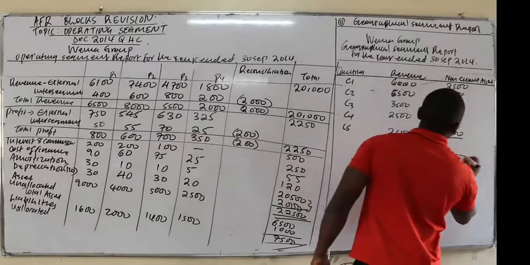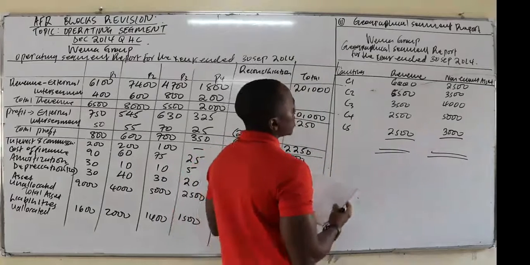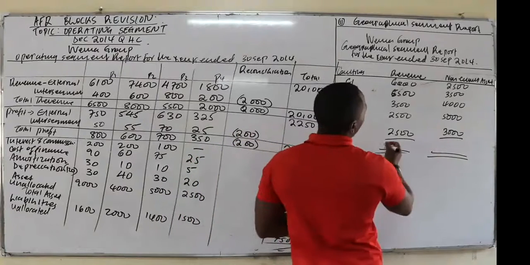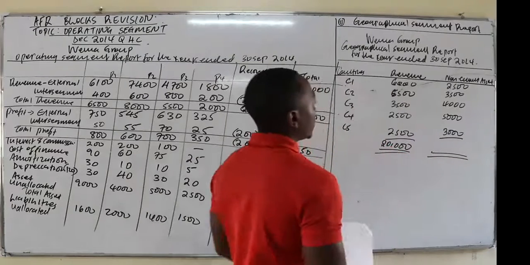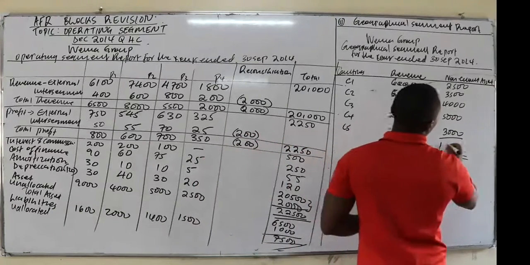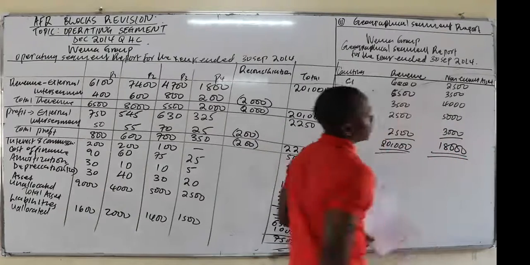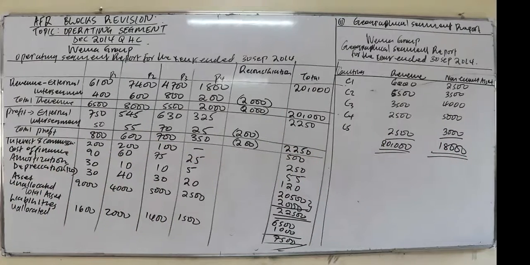Then you can add the total. So how much is the total? That one should be 20,000. Non-current assets, 6, 10, 15, 18. Good. So you can take a screenshot of that.